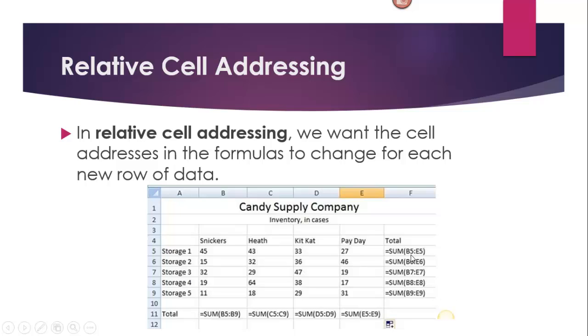The reference B5 will automatically change to B6, B7, B8, B9. This is known as relative cell addressing. We want it to change because it helps us simplify our task.